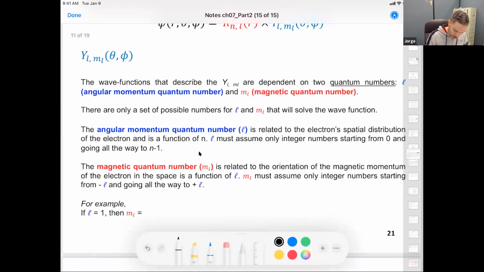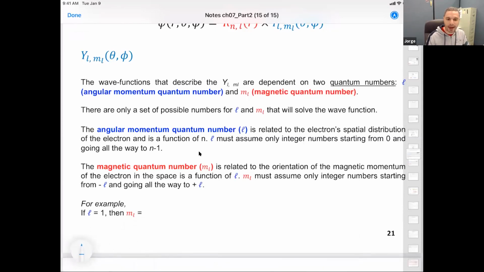If L equals 1, the label of this orbital is going to be a p orbital. Careful with that, okay? What are the possible values of ML for L equals 1, for a p orbital? ML will start from minus L, therefore minus 1, and go all the way to plus L, plus 1.